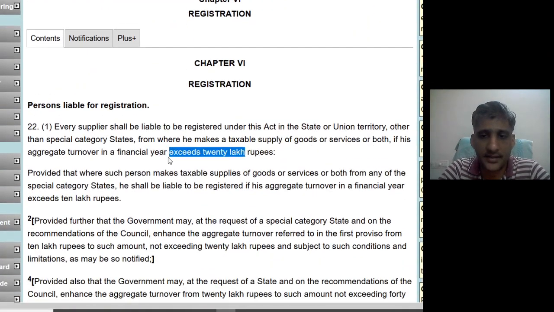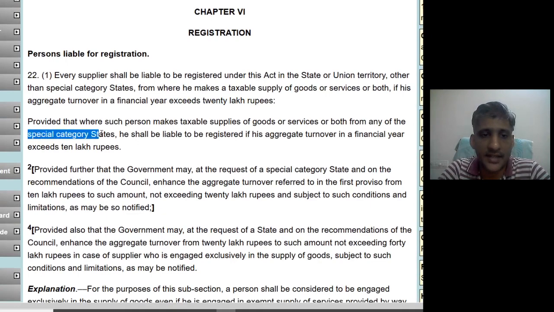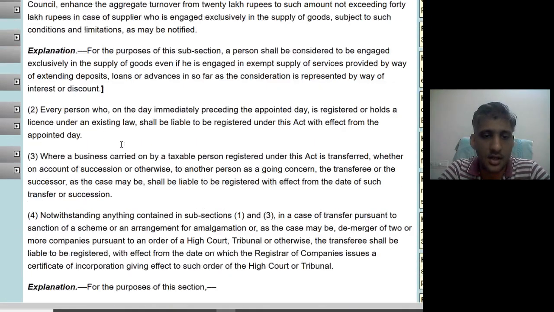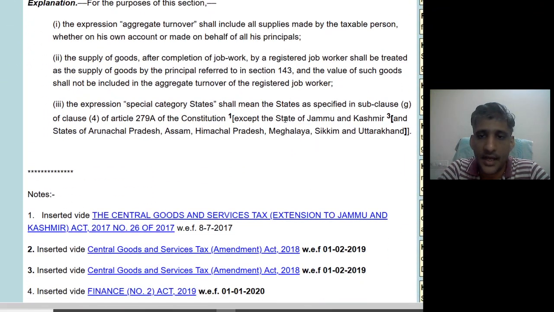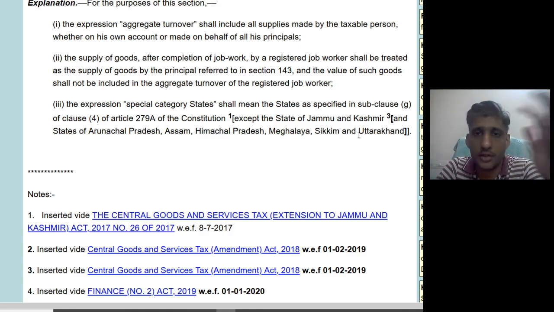It is 20 lakhs, and in case of special category states, it is 10 lakhs. Special category states are all special category states as per the Constitution except JK, Arunachal Pradesh, Assam, Himachal, Meghalaya, Sikkim and Uttarakhand. Section 22 does not say which special category states are covered. It only says which special category states are not covered under the 10 lakhs limit. Therefore, we have to go to the Constitution and do all that research. We have already done that research.